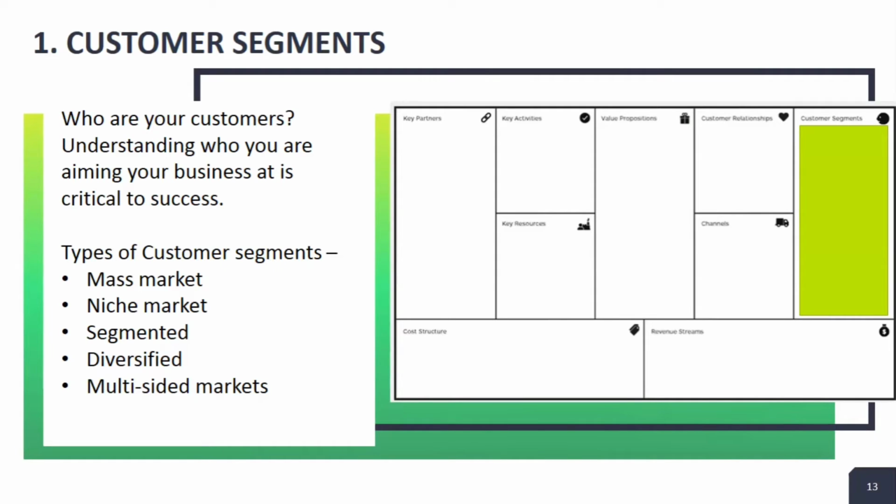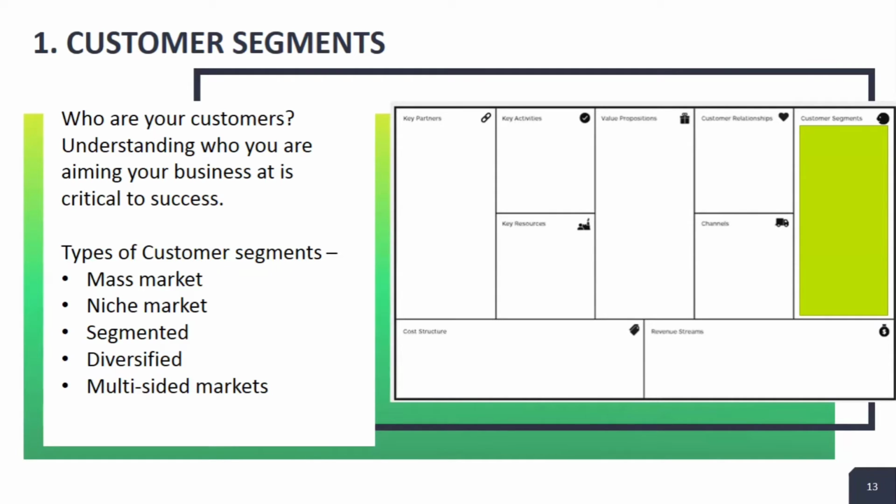Here, the value propositions, distribution channels, and customer relationships should be customized to meet their specific requirements. An example would be buyers of sports shoes. Segmented. Based on slightly different needs, there could be different groups within the main customer segment.